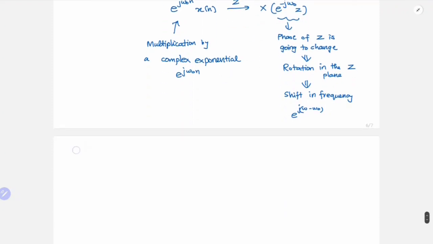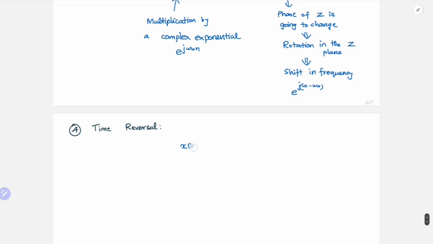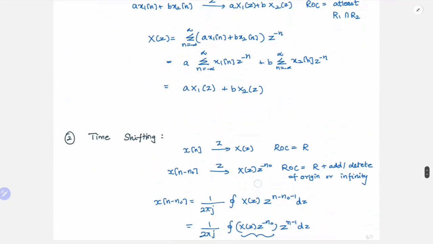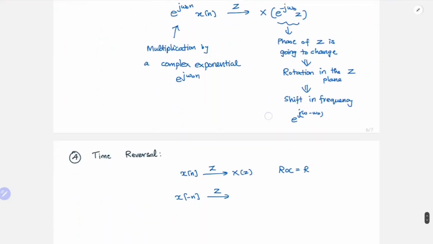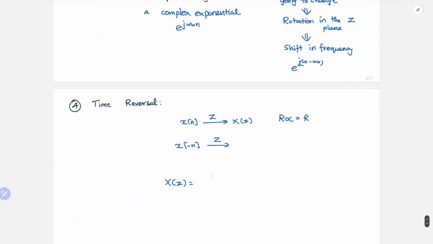So fourth property, let us see time reversal. If you have x of n giving a z transform x of z with your ROC equal to R, then x of minus n, what will be the z transform? So we need to find it out. What equation shall we refer to? I need to get x of minus n here. So let me take the first equation: X of z equal to summation n equal to minus infinity to infinity x of n z power minus n.